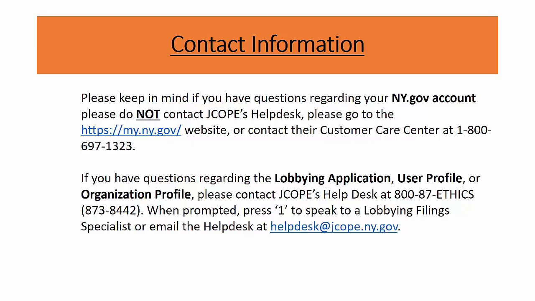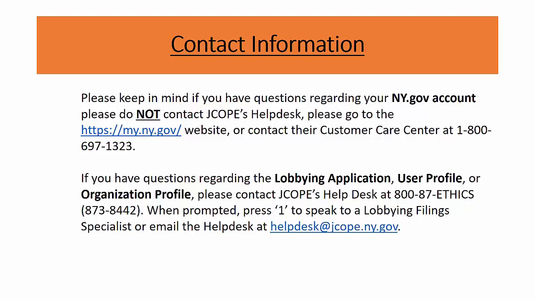It is important to know where to reach out for help. If you have any questions regarding your ny.gov account, you will need to reach out to ny.gov for assistance. JCOPE's Help Desk is unable to assist with issues related to ny.gov. Please go to the my.ny.gov website or contact their Customer Care Center at 1-800-697-1323.